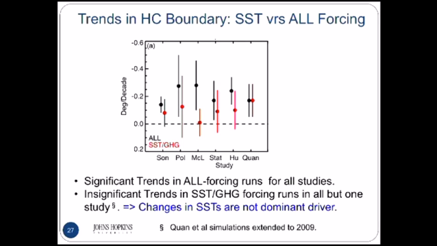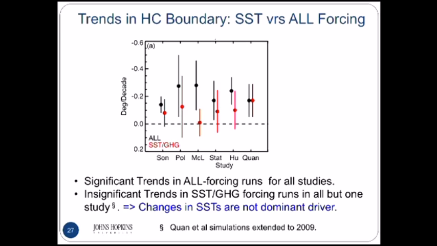So now you see a more mixed picture. In all the studies there is a trend when you just have SSTs changing, but for most of them it's not statistically significant. The lines here, which are the uncertainty, cross zero. The one exception is this study here, which I'll come back to, which showed SSTs being totally responsible.